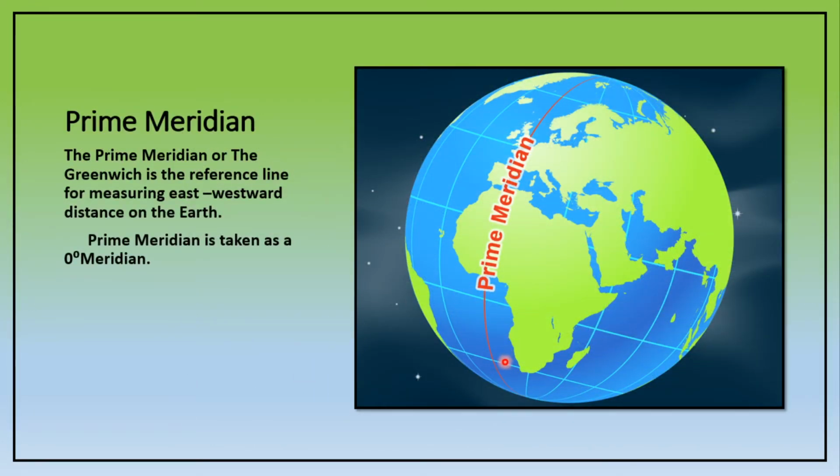Now, as far as meridians of longitude are concerned, the prime meridian is the reference line and it passes through the center of the earth. It is a very important line because it passes right through the center of the earth, and it is at 0 degree.